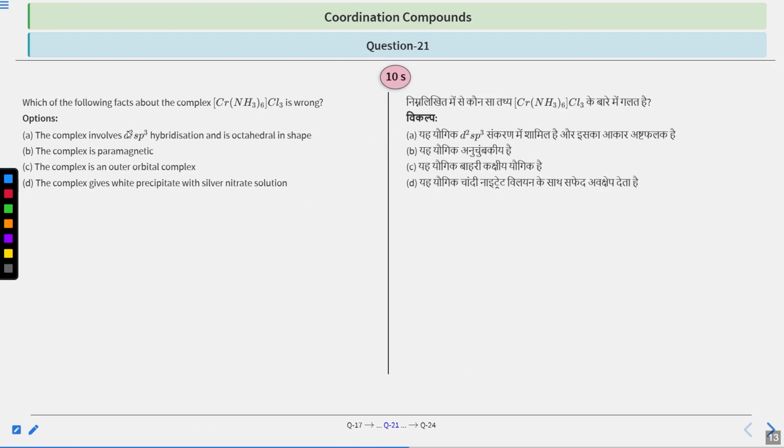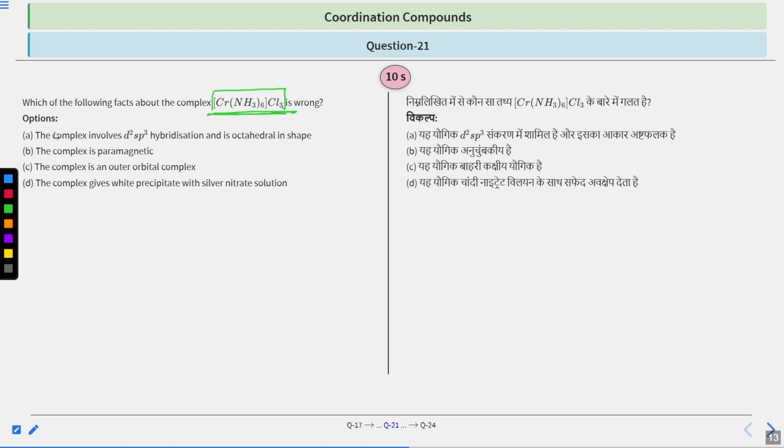Question number 21. Which of the following facts about the complex Cr(NH3)6Cl3 is wrong? So we have been given some statements, some facts in the options, and we have to tell which fact or which statement is false regarding this given complex.